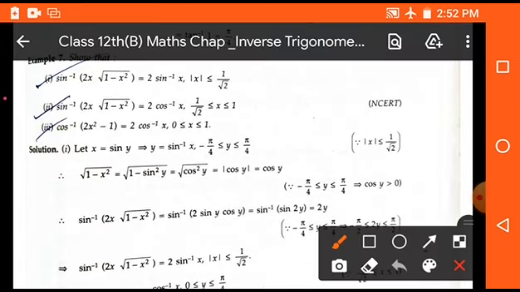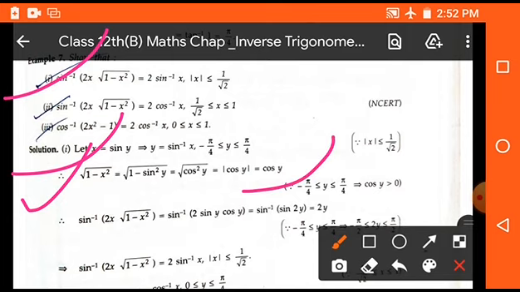Student, you can solve other problems like sin inverse 2x in bracket under root 1 minus x square equals 2 sin inverse x. So if you want to solve this question, first of all you will have to let x is equal to sin y, then y is equal to sin inverse x. Now under root 1 minus x square becomes 1 minus sin square y, and 1 minus sin square y will be equal to cos square y, that means cos y.